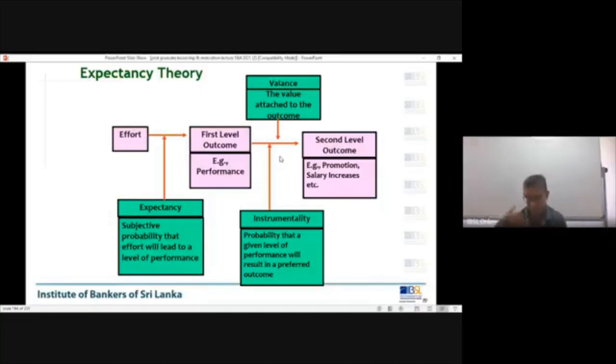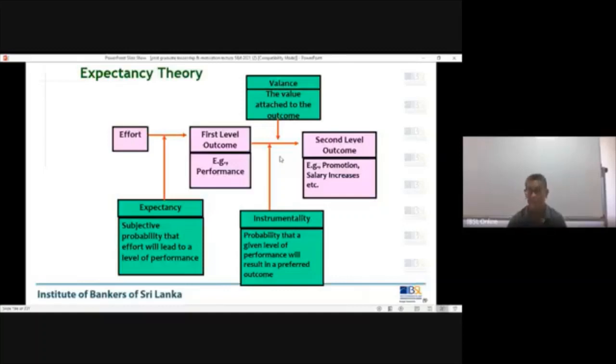So they act on the belief that what they expect will be received. And third, it emphasizes the importance of individual perceptions of reality in the motivational process.